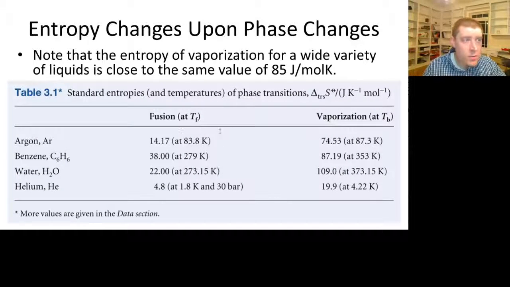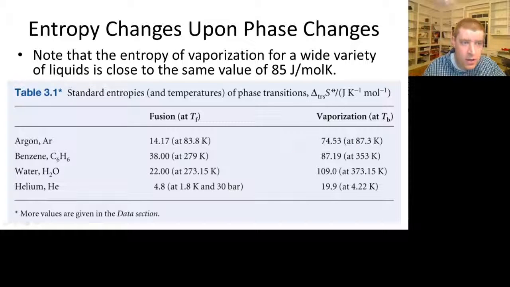All right, so here we have a table with some standard entropies and temperatures of various phase transitions for fusion, so the melting process, and for vaporization at the standard boiling point, or freezing point.